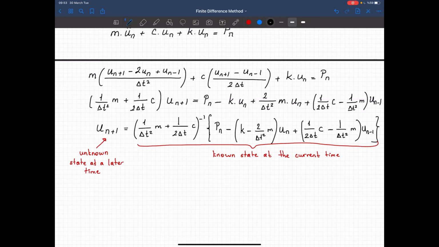And here we are assuming that M and C don't change with respect to time.